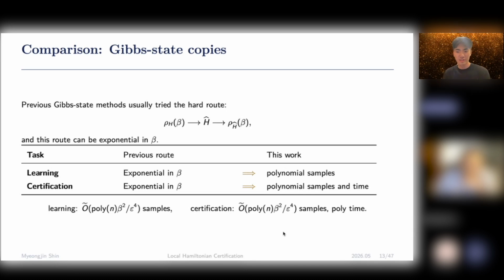In this work, learning the Gibbs state only costs a polynomial number of samples, but has inefficient time complexity. But certification only costs about polynomial samples, and it is time efficient. This was the difference in our results.